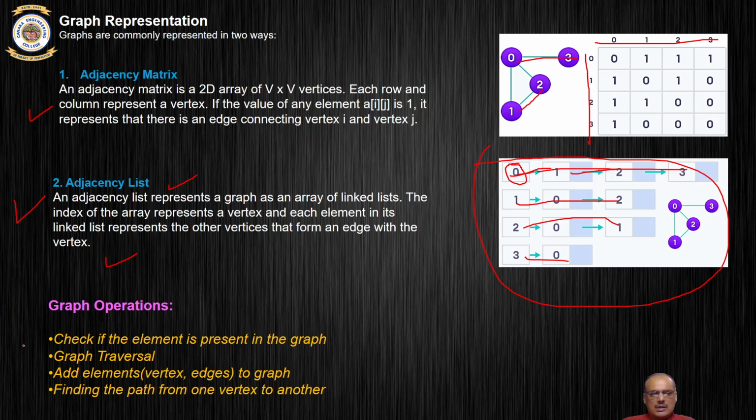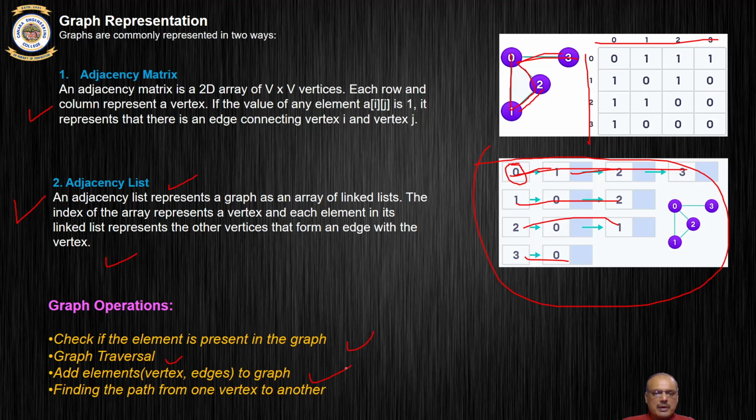Some of the operations that are supported in a graph data structure: checking whether an element is present or not in the graph. As I said, each node or vertex can hold some data in it, so whether a data is present in the vertex or not can be checked. Traversal: a graph should allow us to traverse between multiple vertices of that particular graph.